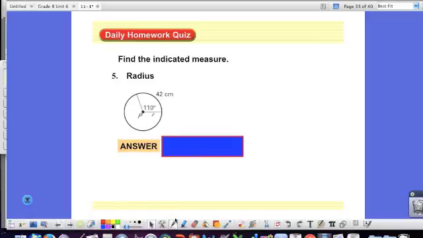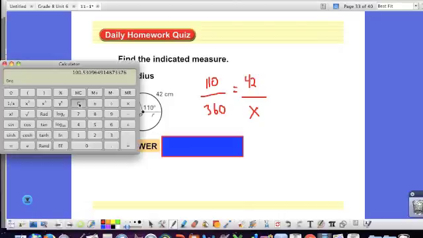Find the indicated measure. They want us to solve for the radius. So 110 is the arc measure in degrees out of 360 is going to equal 42 out of the entire circumference. Okay. So 360 times 42 equals 15,120 divided by 110.